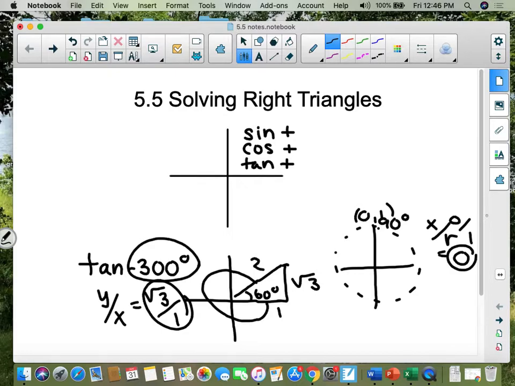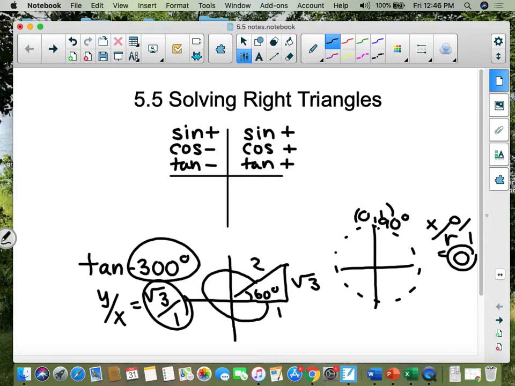In this quadrant, the sine is positive, the cosine is negative, and the tangent is negative. Once again, they're reciprocals: if the tangent is negative, the cotangent is also negative. I'm only giving you these three, but the reciprocals also work with that.